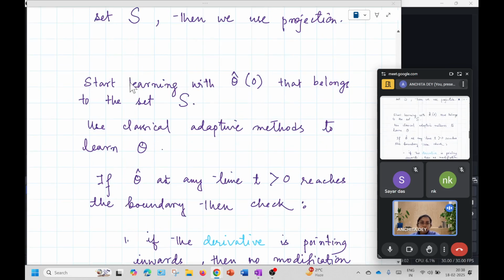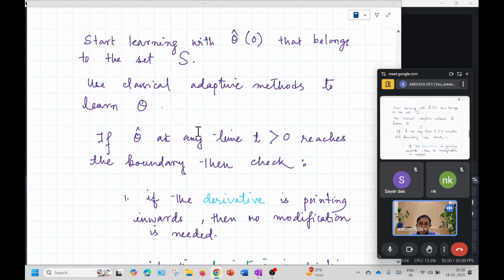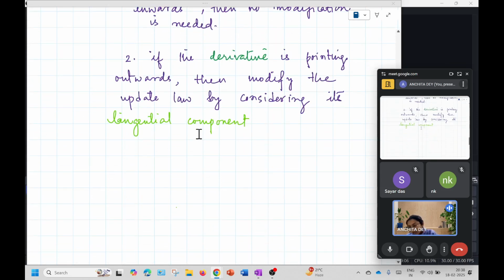The color coding would help you understand which direction we're talking about. So we consider its tangential component so that theta hat will again belong to the set S.